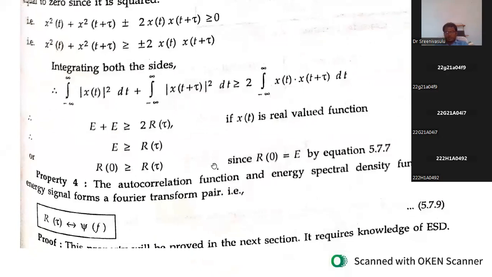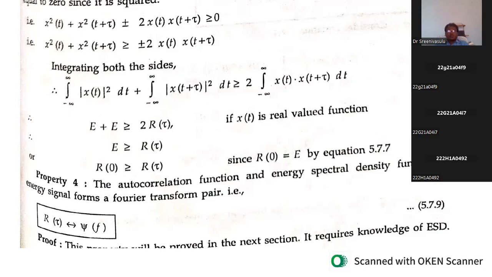So one more important property, which we already discussed in PTSP also: between the autocorrelation function and power spectral density, there is a Fourier transform pair. So we write the Fourier transform of R of tau as some S of omega. S of omega is equal to integral from minus infinity to plus infinity of R of tau into e power minus j omega tau dtau.